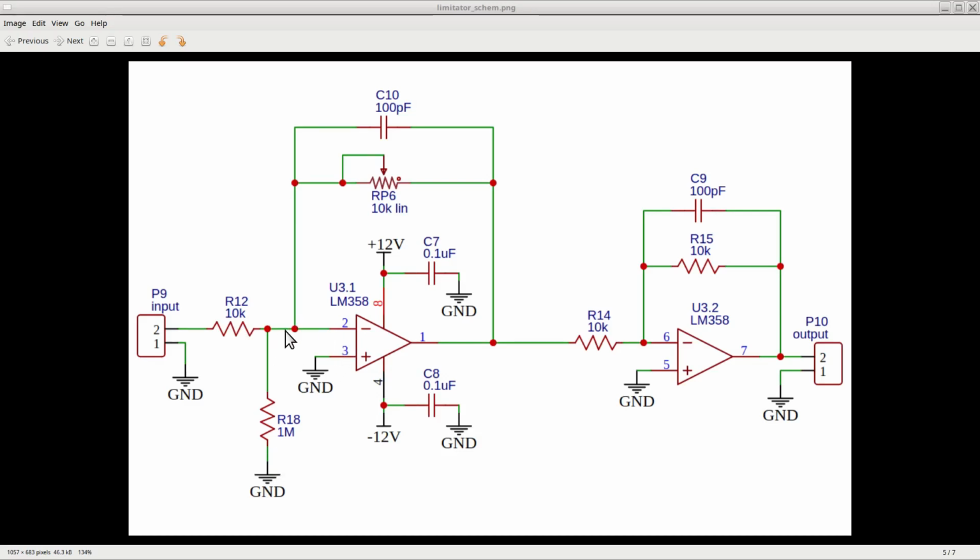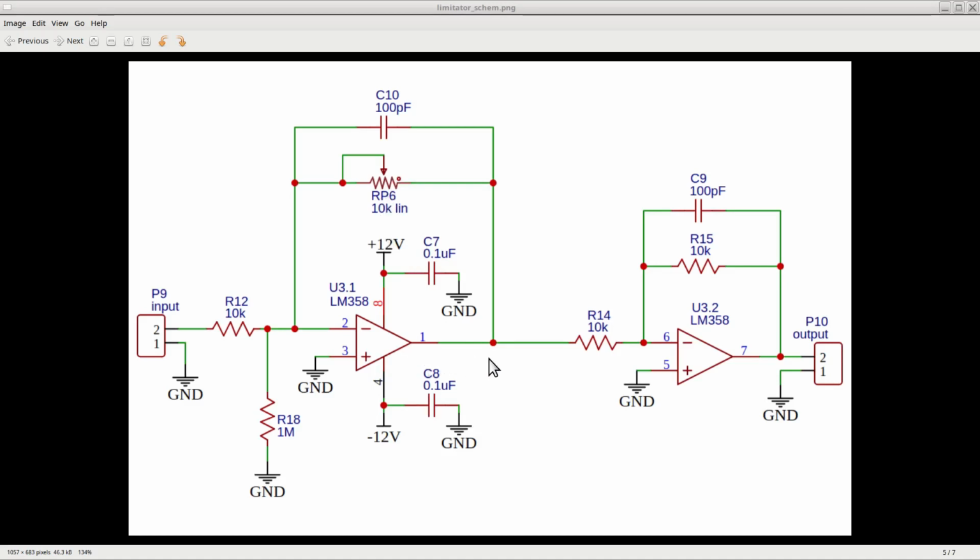The second resistor that sets the gain of the amplifier is the potentiometer RP6, which has the same value as resistor R12. This way, when the potentiometer is set at the max resistance value, the gain will be -1, and when the potentiometer is set at the value 0 of resistance, the gain is 0.